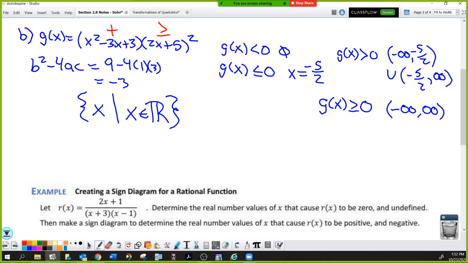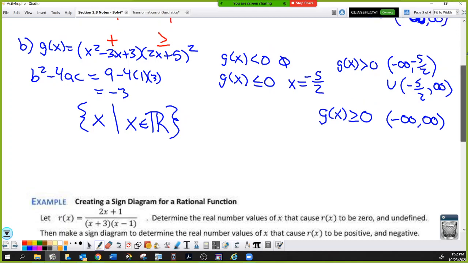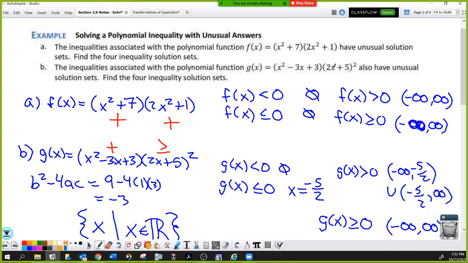Oh, let me put it on Desmos so you can see what we're doing. Okay? Yes. So why are they both empty set? Because this one's never equal to 0. Never equal to 0. So Trey, yes, Desmos or no? Will help.